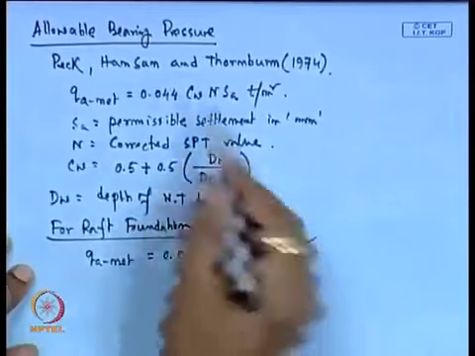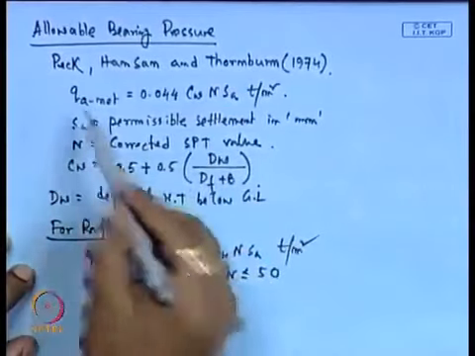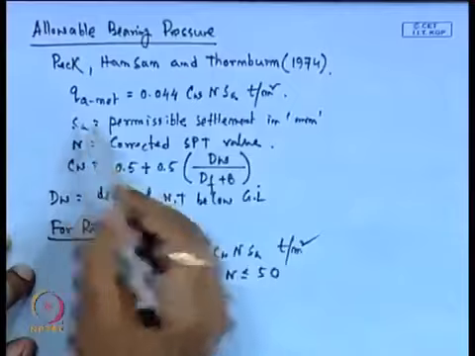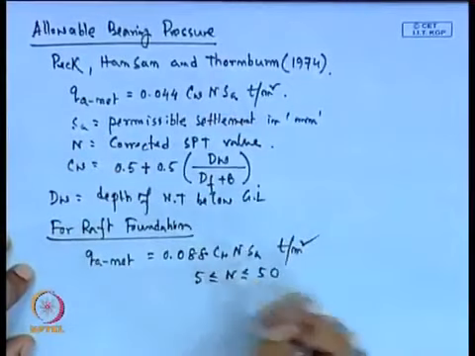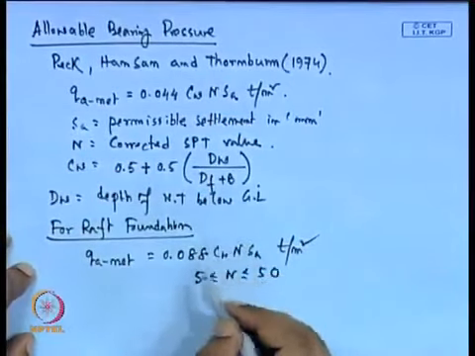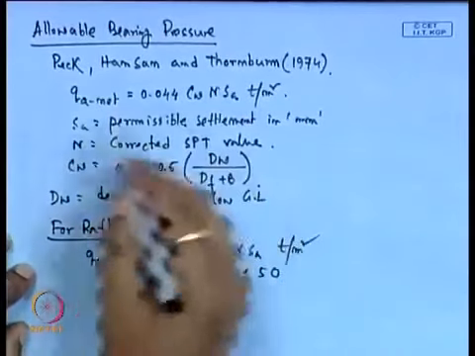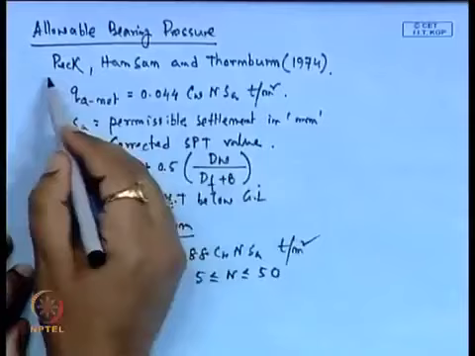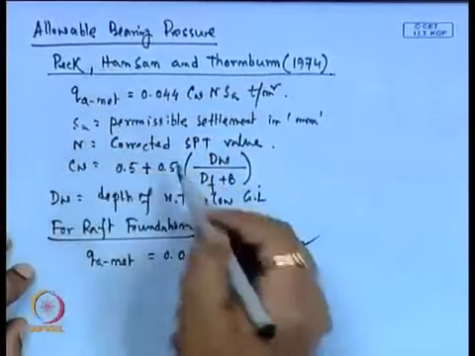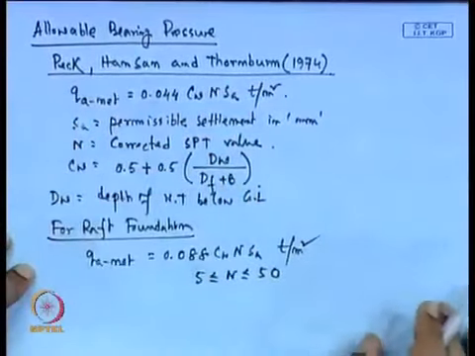So, now by using these we can directly calculate the net allowable. There are other correlations also available, correlation given by Teng, correlation given by Meyerhof, correlation given by Bowles, but I will discuss only this. This is a very popular correlation that we can use, that is Peck, Hansen and Thornburn.